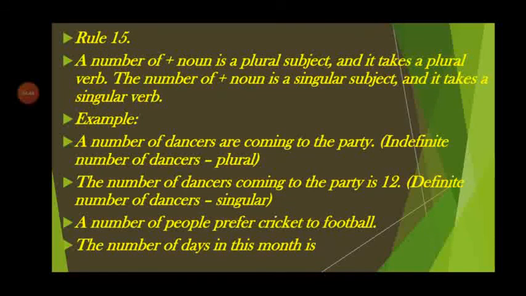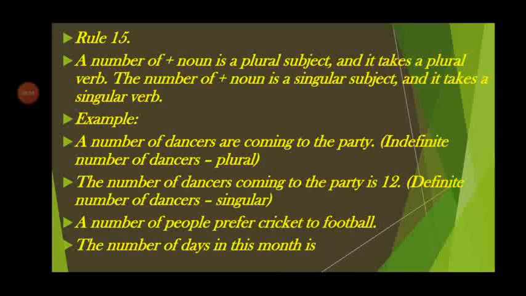Then rule number 15. A number of plus noun is a plural subject, and it takes a plural verb. The number of plus noun is a singular subject, and it takes a singular verb. That means after of, if the plural subject comes, then the verb will be plural.